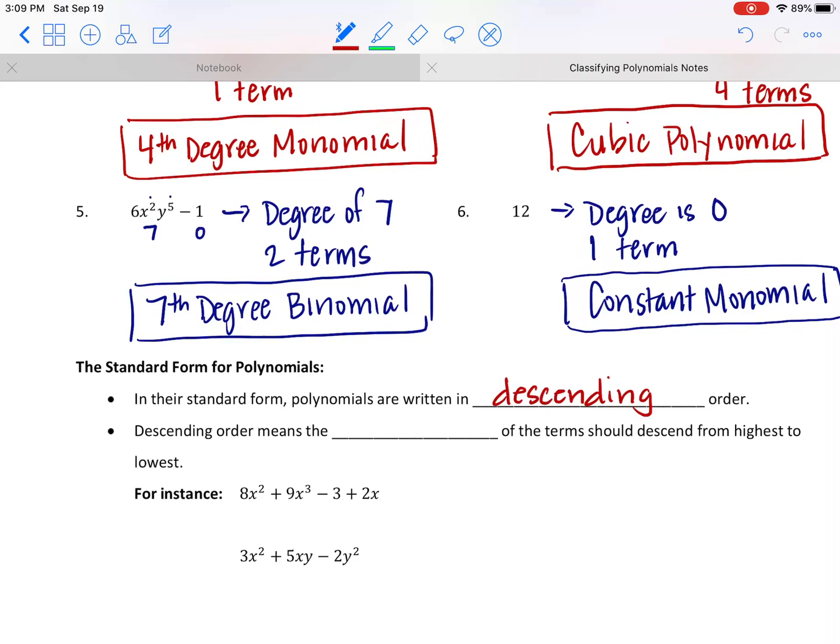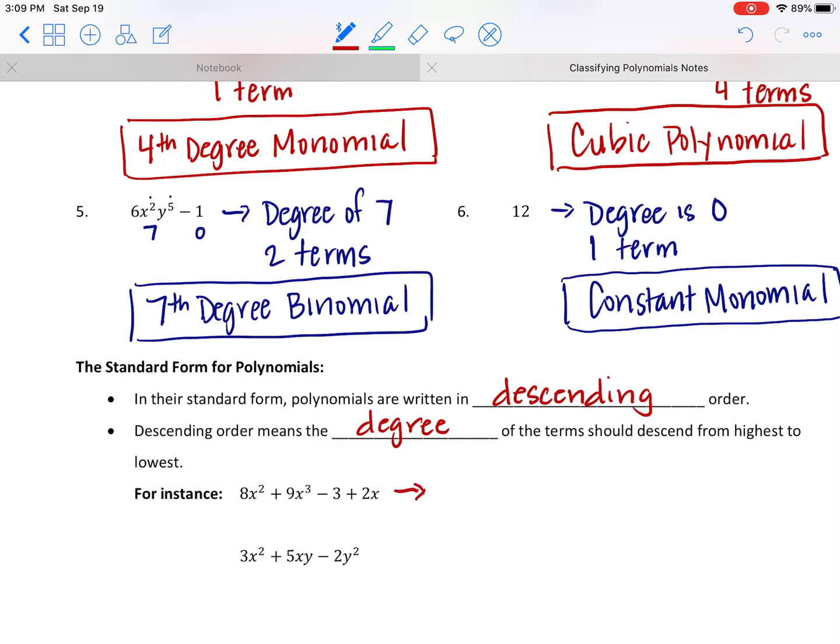That means the degree of the terms should be descending from highest to lowest. So the terms with the highest degree go first, and then we descend down to the lowest, which means if we have a constant, it would always be at the end, because that would have a degree of 0.